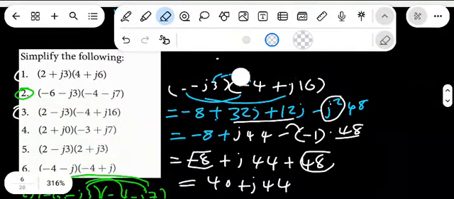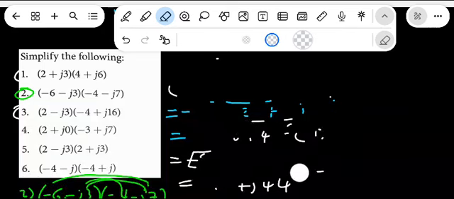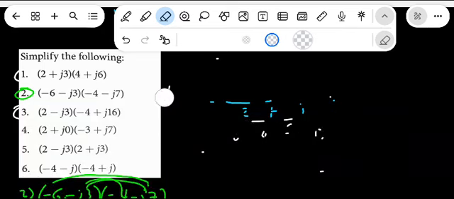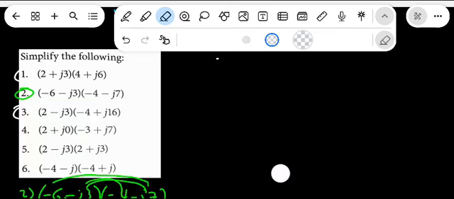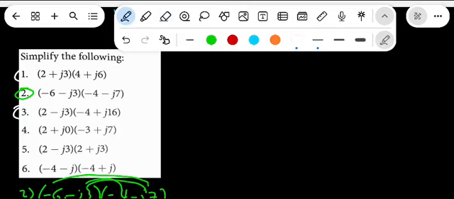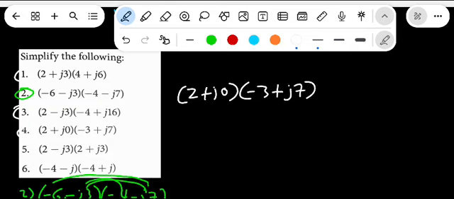So we're given again number 4 to multiply: 2 plus j0 times negative 3 plus j7. We distribute there.